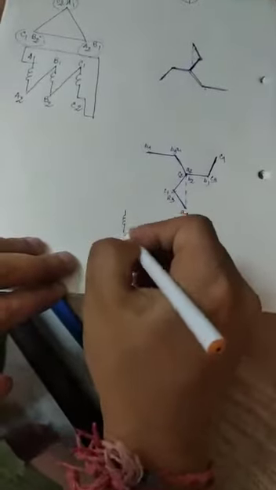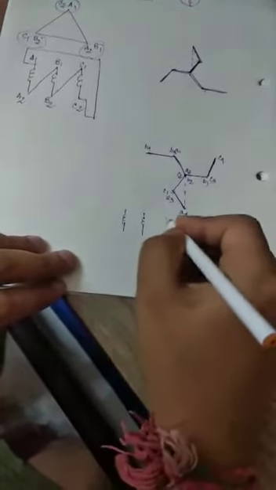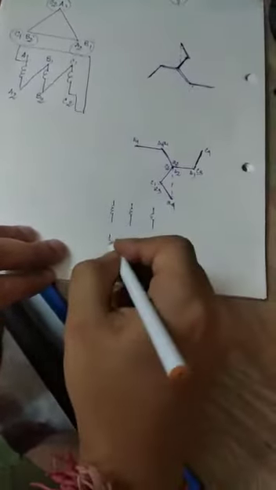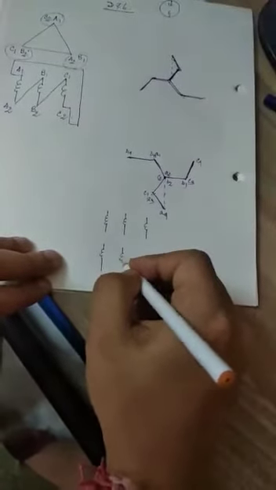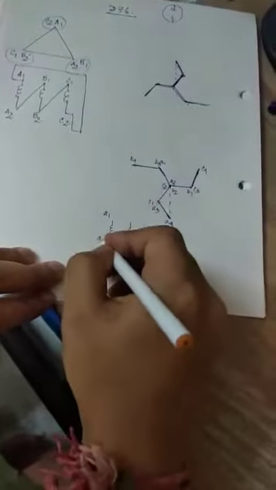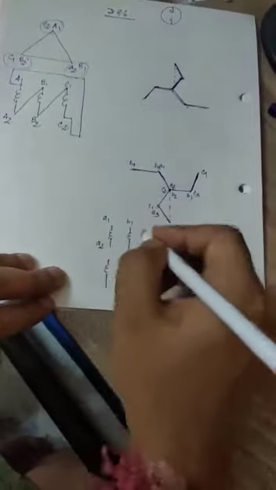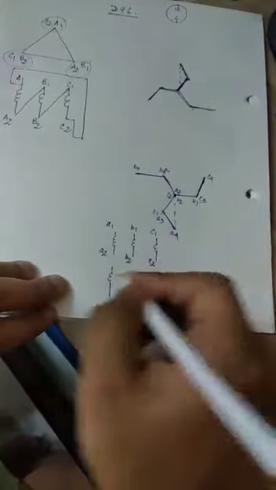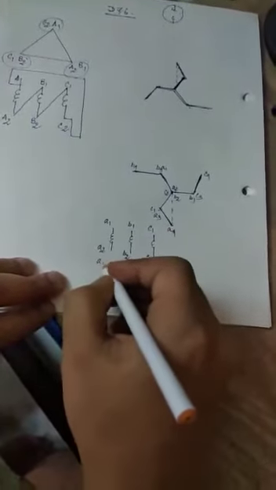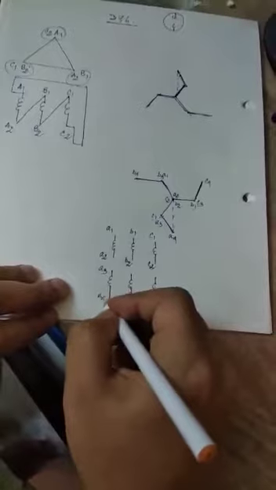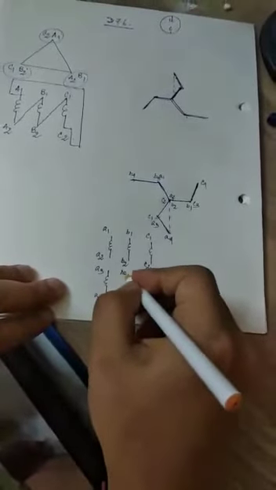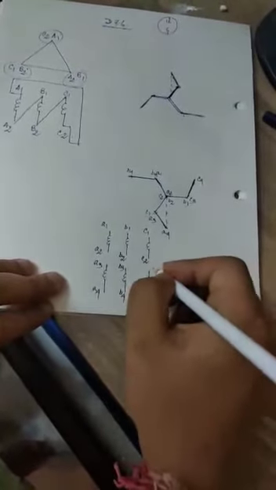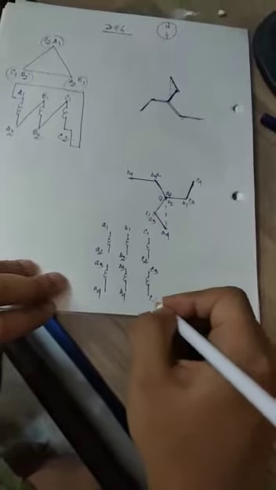So the winding connection is like that: A1, A2, B1, B2, C1, C2, A3, A4, B3, B4, C3, C4.